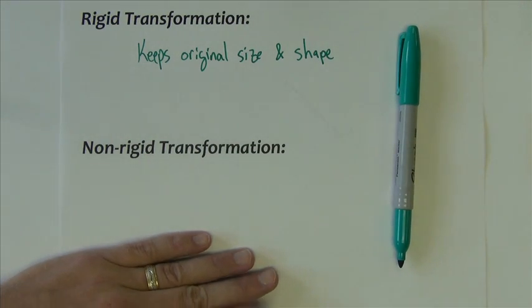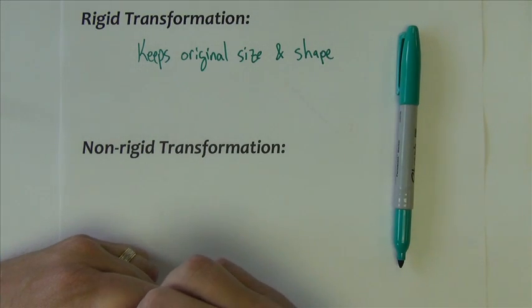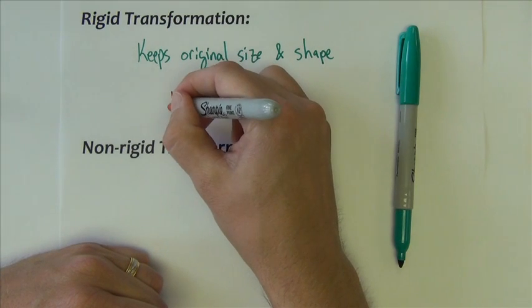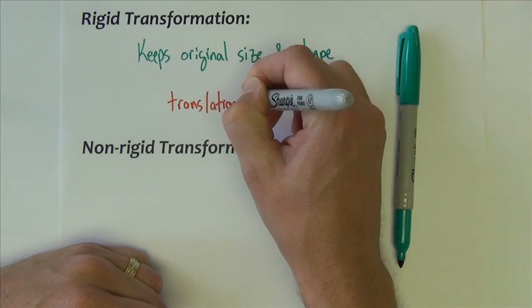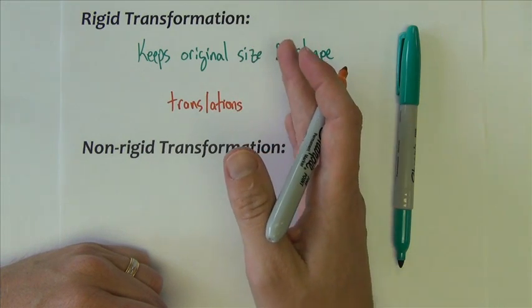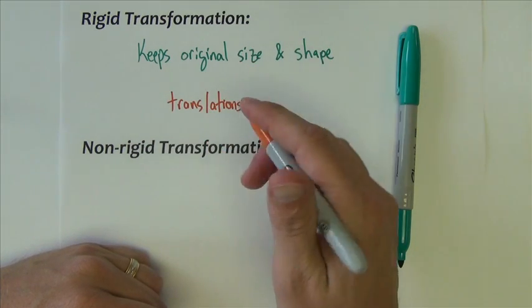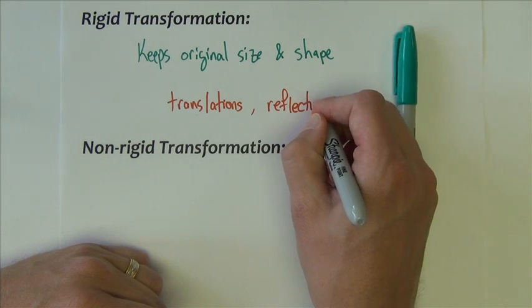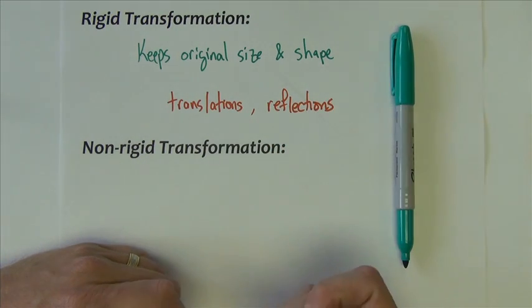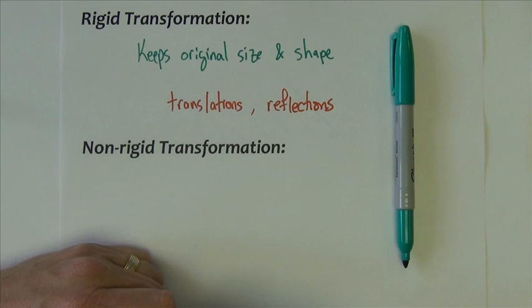Examples of rigid transformations would be translations, which are just like sliding things around, and reflections, which are flipping the graphs over.